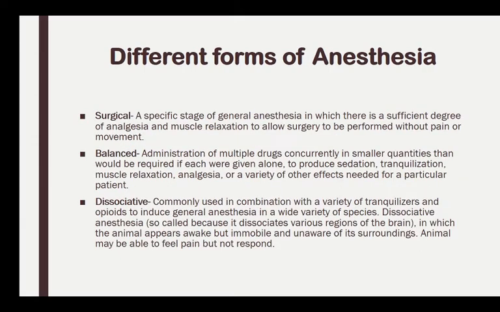So we are looking for a surgical form of anesthesia. This is a specific stage and plane of general anesthesia. And if you'll remember, it's stage 3, plane 3, in which we have a sufficient degree of analgesia, which is pain relief, and muscle relaxation to allow the surgery to be performed without pain or movement.